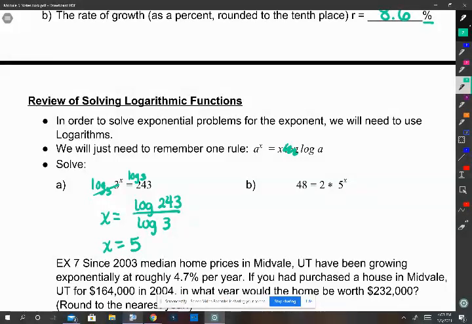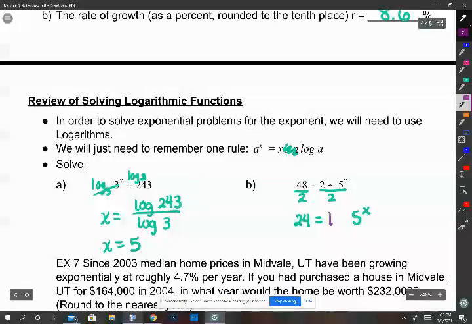But when I look at example B, it's not quite so nice. So we're going to isolate the part that's raised to the x power, so we're going to divide both sides by 2. We're going to get 24 is equal to 5 to the x power. And then we want to get rid of the base 5, so I go log base 5 on both sides, and this goes away.